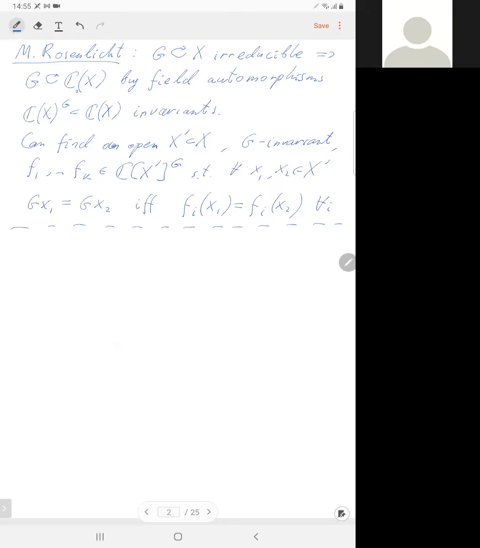So, remark. These functions f1 and so on, fk, generate the field of rational functions on X. Indeed.